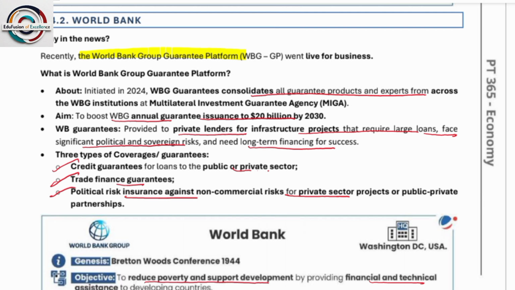Next, three types of coverage or guarantees: credit guarantee, trade financing guarantee, and political risk insurance against non-commercial risks for private sector projects or public sector partnerships.